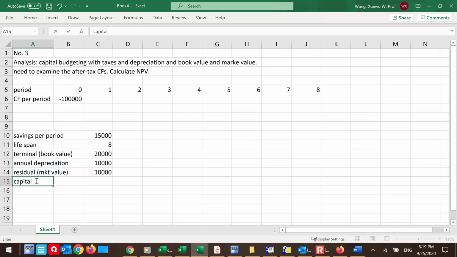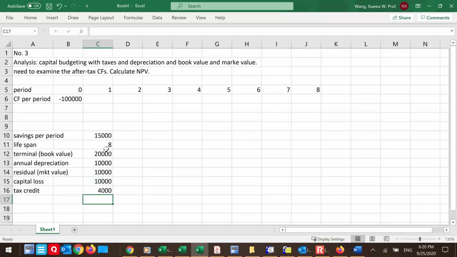So really, the company is going to have a capital loss, and the capital loss is the 20,000 book value minus the market value of 10,000. So they're going to have a capital loss of 10,000, and they're going to have essentially a tax credit in this case. So the tax credit is going to be the $10,000 capital loss times the tax rate, which is 40%.